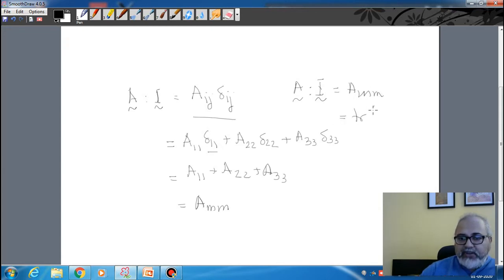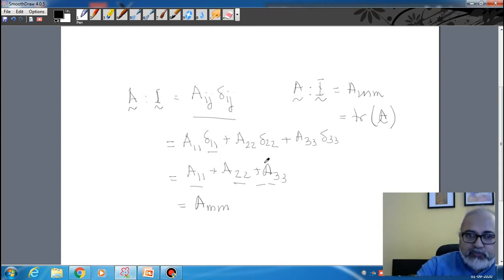It is called the trace of A. So trace of A is basically AMM, which is the sum of the terms A11, A22 and A33, the terms where the two indices of A are the same, and that is known as trace A.